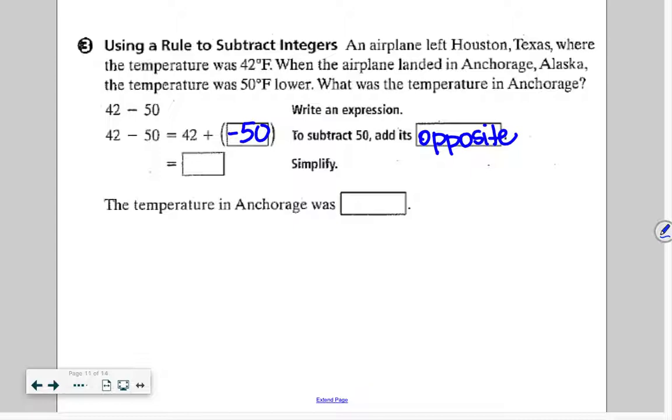Well, one's positive, one's negative, right? So what's 50 minus 42? 8. Which is bigger, 50 or 42? And that's negative, so our answer is negative. The temperature in Anchorage was negative 8 degrees Fahrenheit.